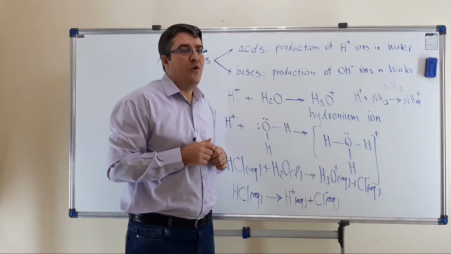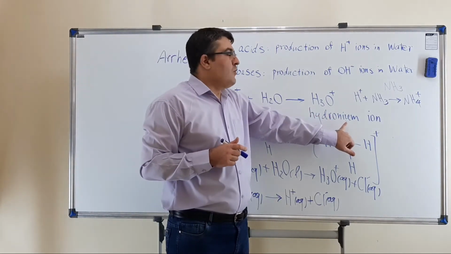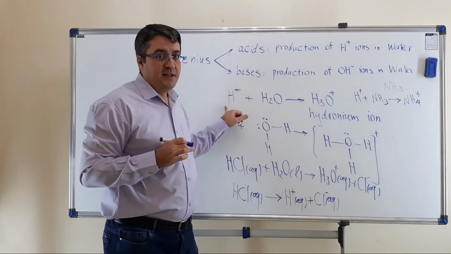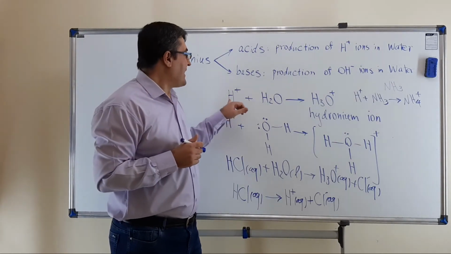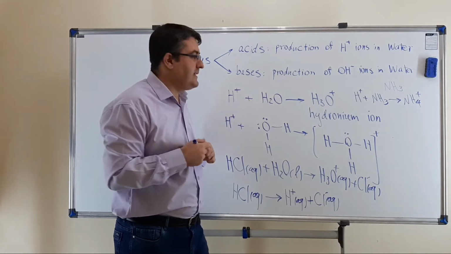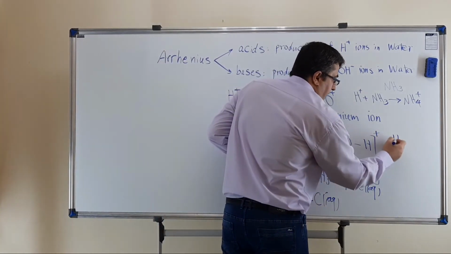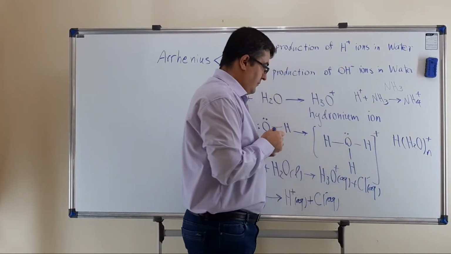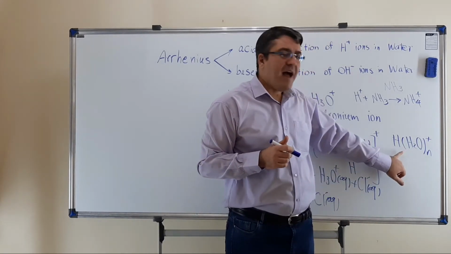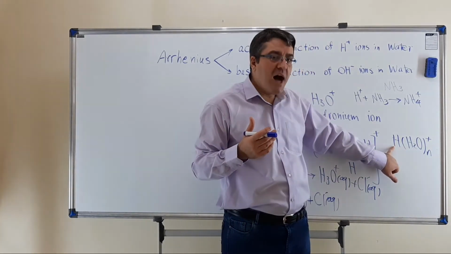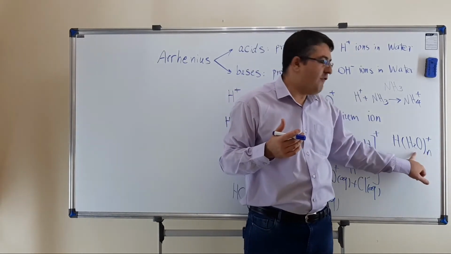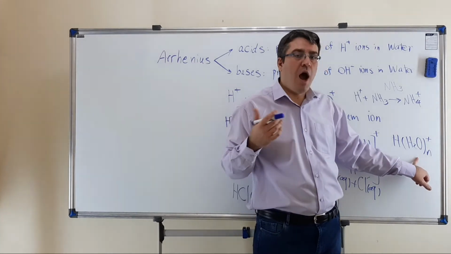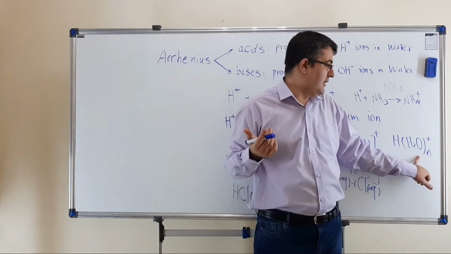It is also good to know that even hydronium ions are not the real exact form of hydrogen ions in water. In fact, hydrogen ions in water exist in this form: (H2O)n plus. We have an association between the hydrogen ion and a number of water molecules, for example n, which may vary from time to time and situation to situation.